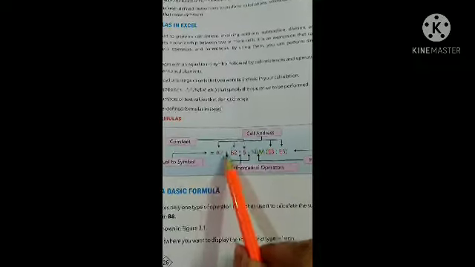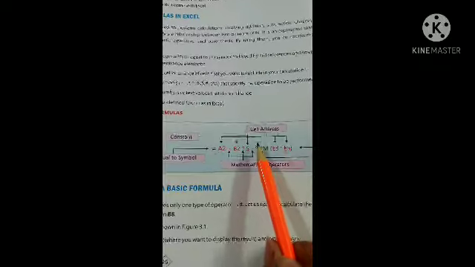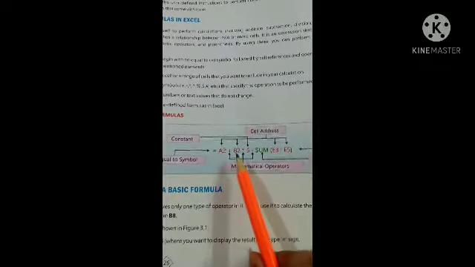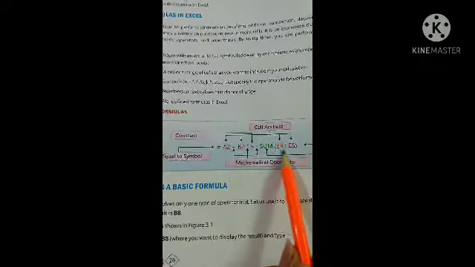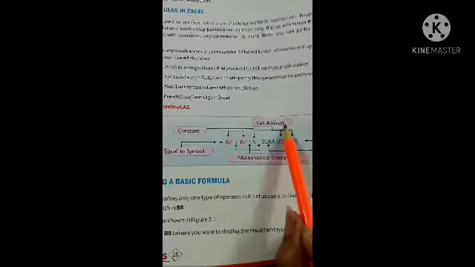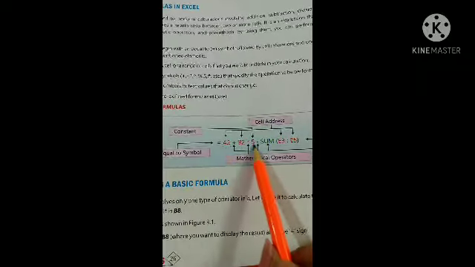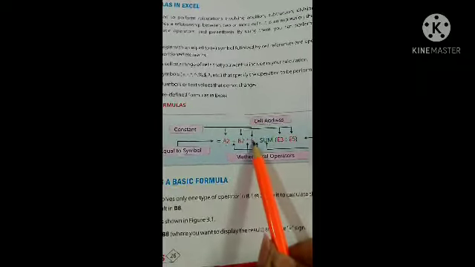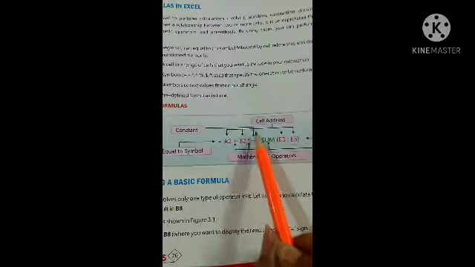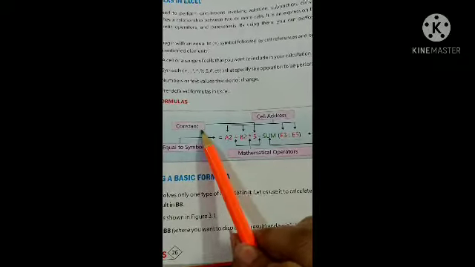A2, what is A2? A2 is a cell address. A2, B2, E3, E5, these are cell addresses. Next, 5, a text value. All these things are constants.